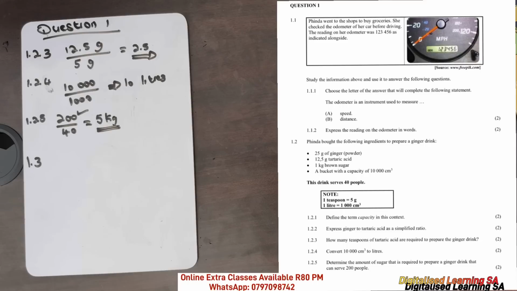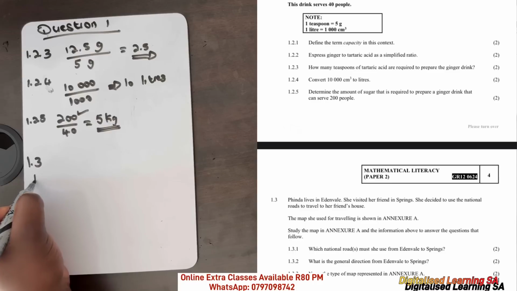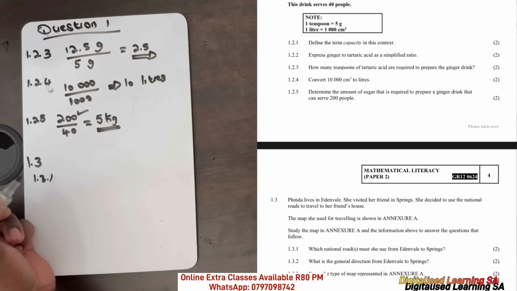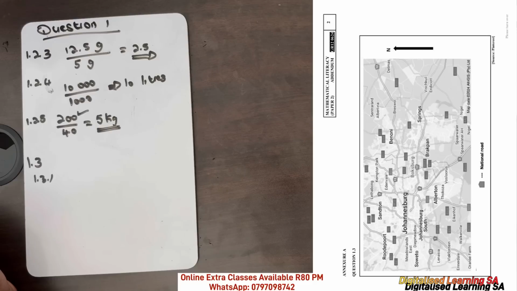The map she used for traveling is shown in Annexure A. Study the map in Annexure A and the information above to answer the questions that follow. Our first question is question 1.3.1, which says, which national road or roads must she use from Edenvale to Springs?